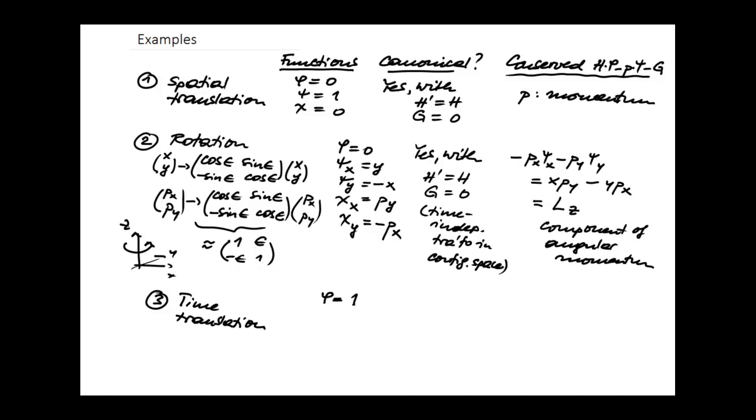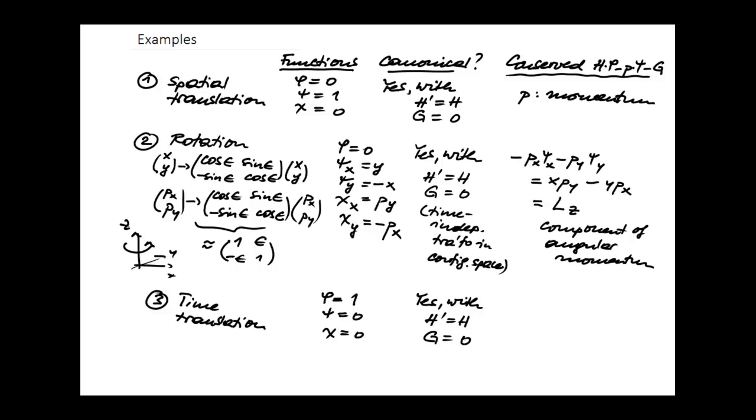But there is no shift in space and there's no shift of momentum, so psi is equal to 0 and chi is also equal to 0. Again, you verify that this is canonical in the more general sense that we discussed yesterday. It's canonical. Again, the Hamilton function is the same. H prime is equal to h and g is equal to 0.